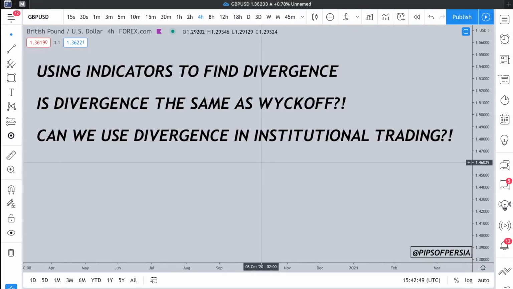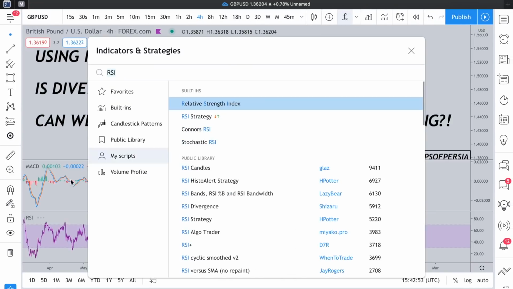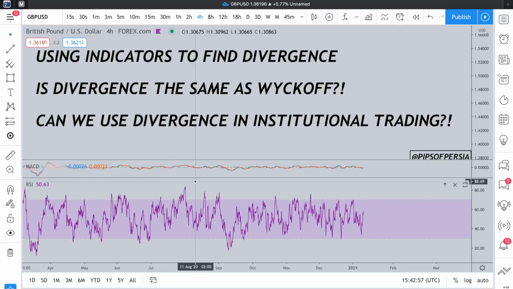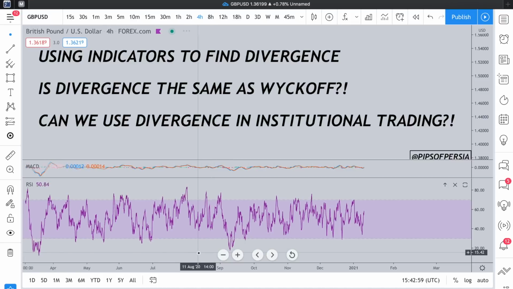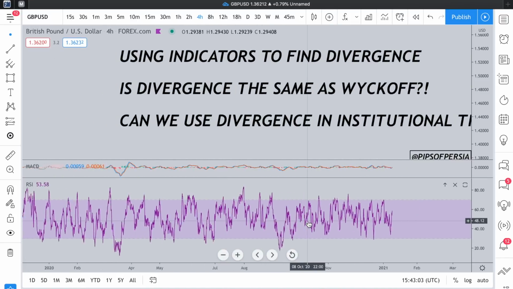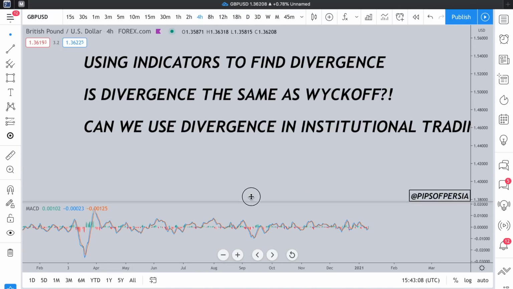For example, if I go ahead and put RSI on my screen right now, you can see that the relative strength index is always oscillating between the 100 point and the 0 point. Mostly it's in between 80 and 20, but it's always going up and down within those two points.